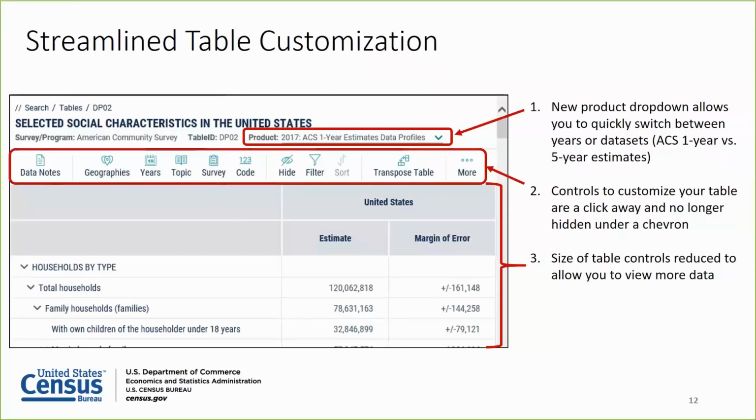We've also added a drop-down so that you can easily access and switch between years and data sets, like the 1 year ACS to the 5 year, or the 2017 to the 2016. We have those controls to customize your table a click away instead of hidden underneath the chevron, and also reduce the size.